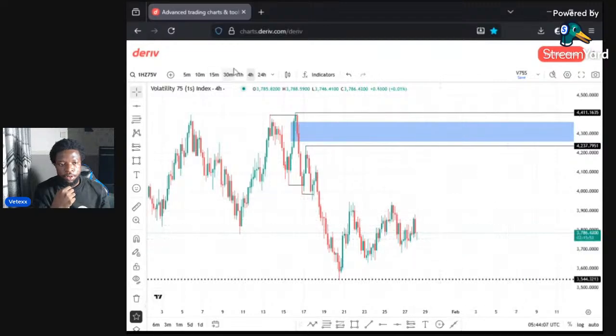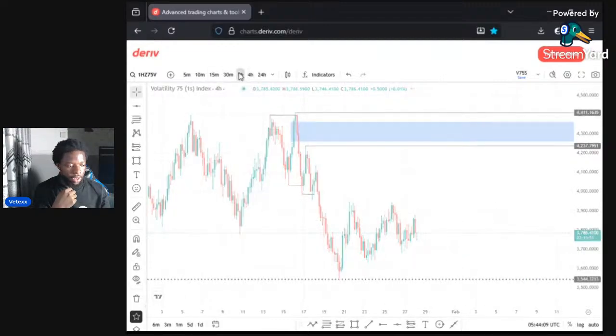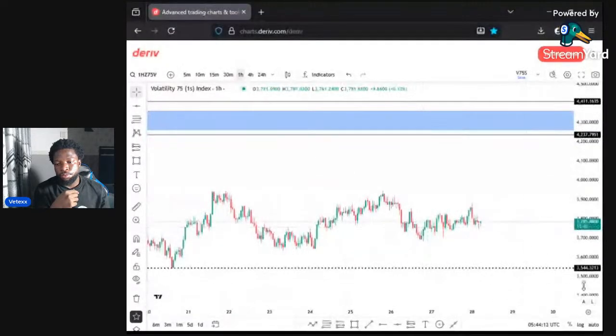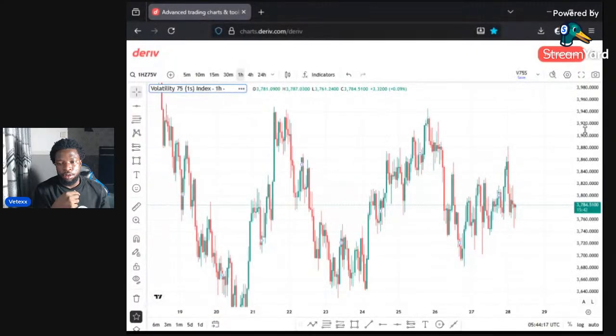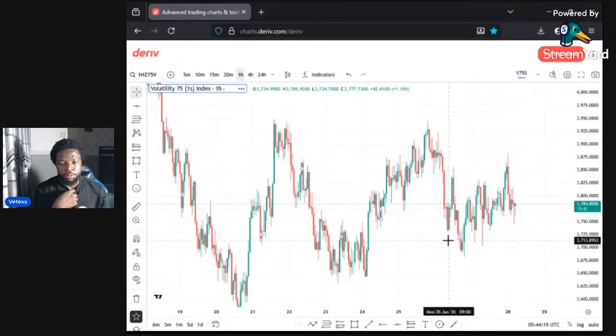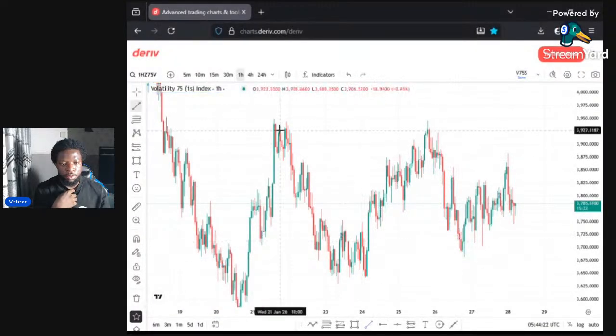Alright, so let's go to the 1 hour time frame. There was a sale we were anticipating yesterday on the 1 hour time frame. Let's see if there's something good happening there. So this is another structure that price has been respecting. Okay, we have our sweep here. We have our structural liquidity here.